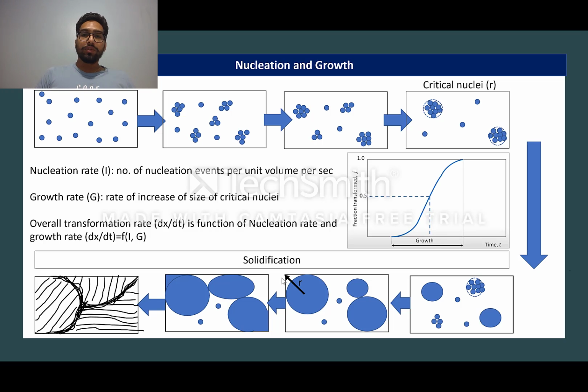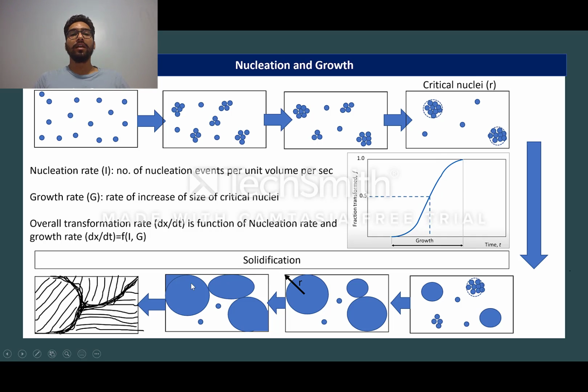The overall transformation rate was initially slow, because of the smaller number of nucleations, or lesser nucleation rate, so no growth is there. Then both nucleation as well as growth occur, so the overall transformation is more in between, from the start to the end.